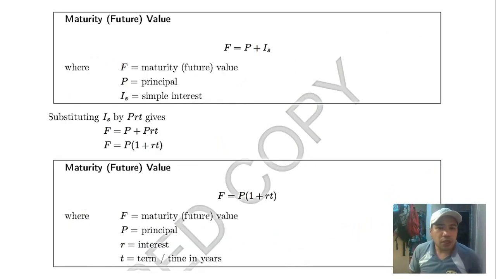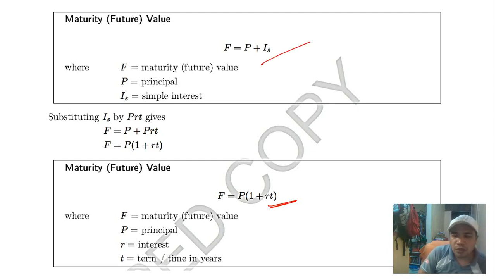Now, maturity value, this is just adding the interest and the principal, that is our maturity value. But then, we try to simplify the equation or the formula because this is related to compound interest.